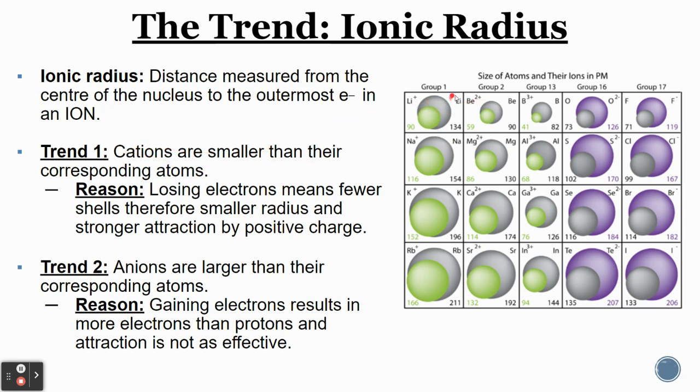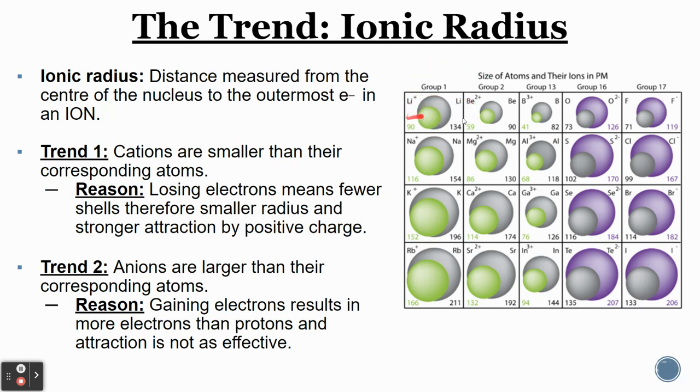So, for example, the lithium ion is smaller than the lithium atom. The sodium ion is smaller than the sodium atom. So that's our general trend for that. And the reason for that is that when metals lose electrons, now the protons can pull the outer electrons closer to themselves because there's fewer shells.